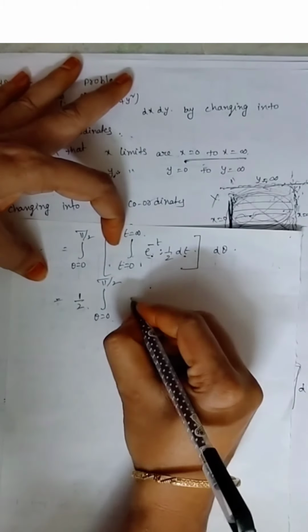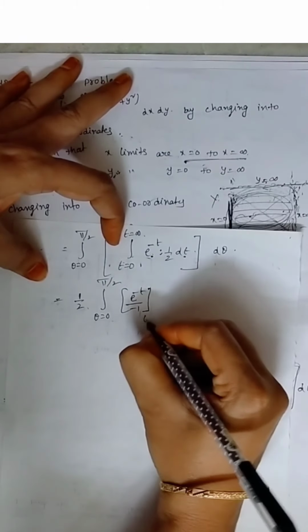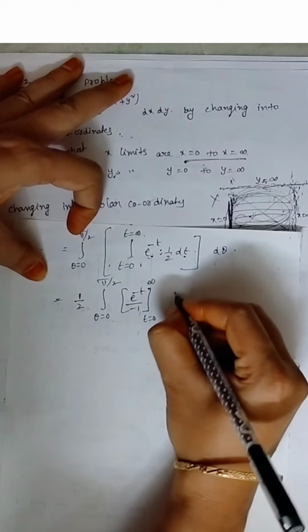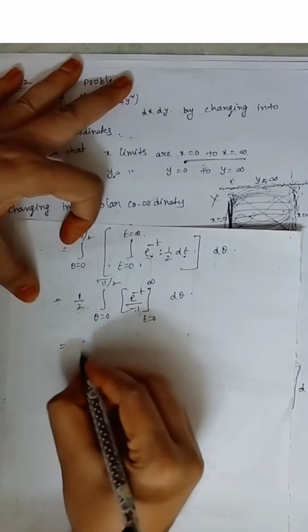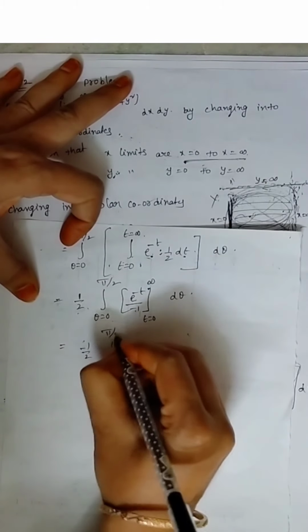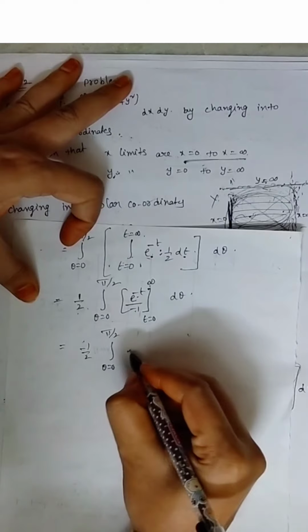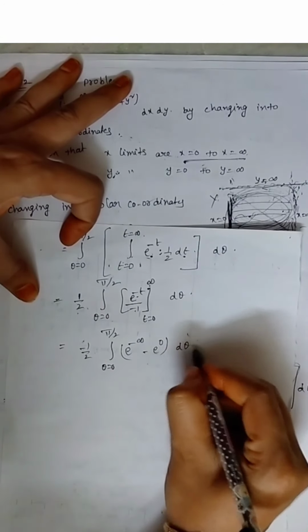Integral of e power minus t means e power minus t by minus 1, limits 0 to infinity, into d theta. Okay, 1 by 2, take minus outside: minus 1 by 2 integral theta equals 0 to pi by 2. Substitute limits, e power minus infinity minus e power 0, into d theta.